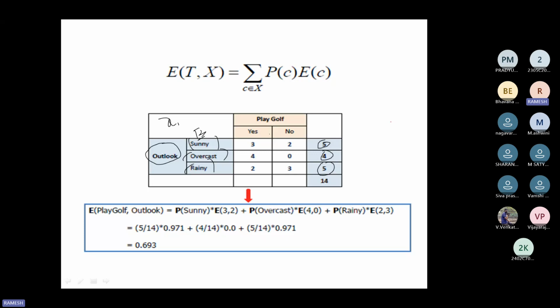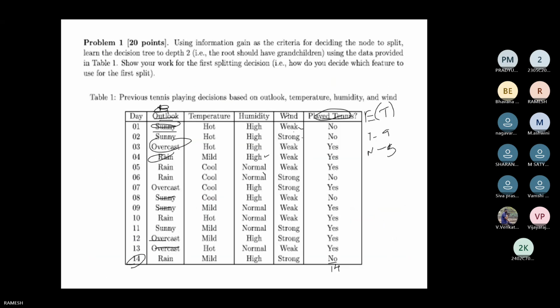Next we'll calculate the entropy of sunny. Total sunny values are these. How many sunny values are yes and how many are no? Look here: in the first column it is sunny and in the last column it is no; in another, sunny and yes. That is how we find the purity levels.